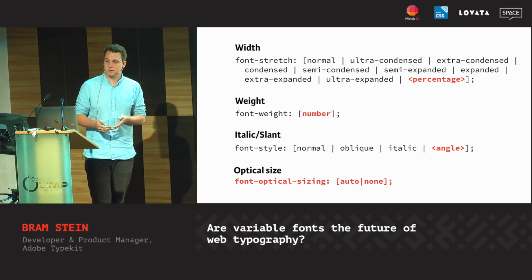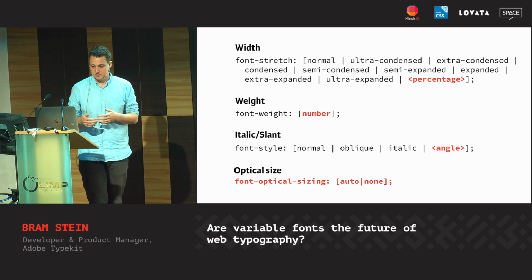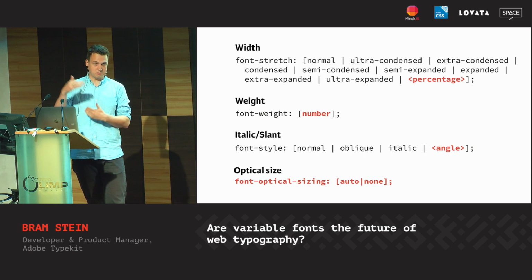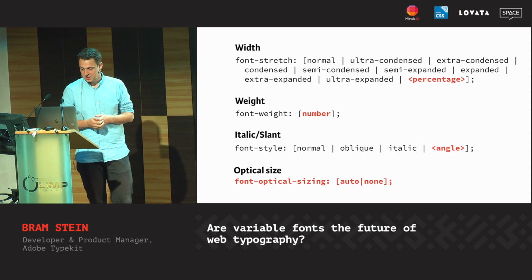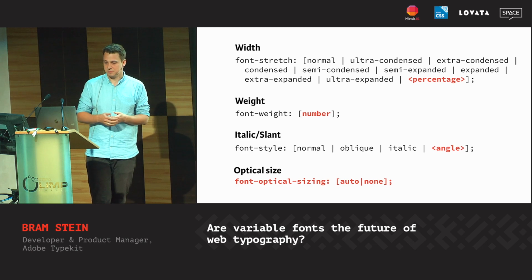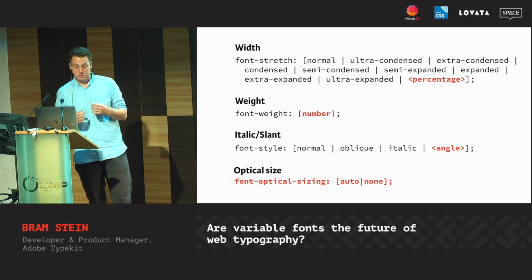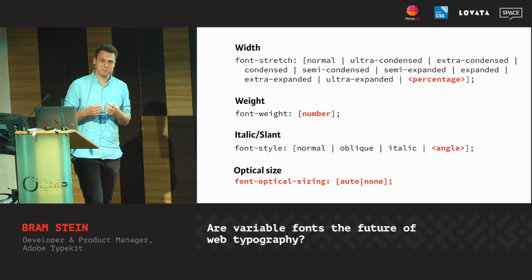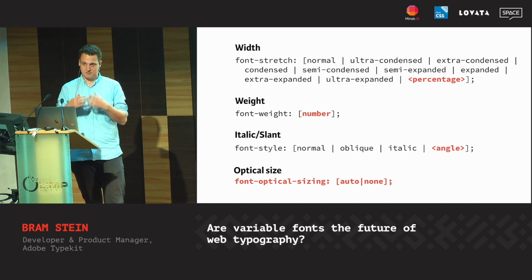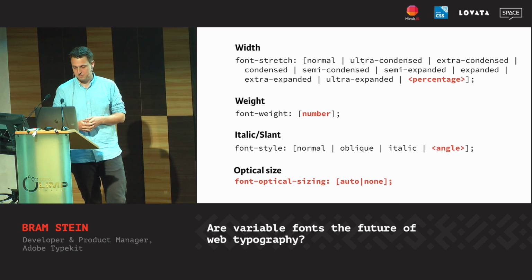So if you set it to auto, the browser will automatically enable optical sizes if you increase your font size a lot. And setting it to none disables it. Interestingly, the default value for this is auto. So if you have a variable font that supports optical sizes, you will automatically get optical sizes if you have large type.